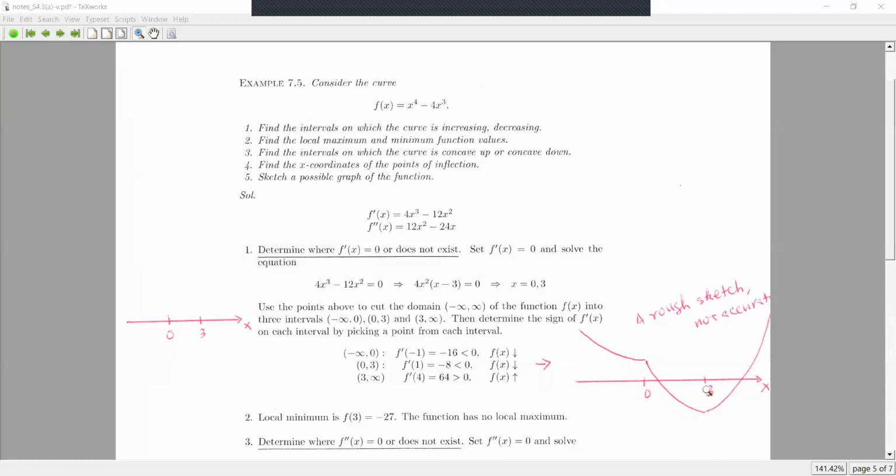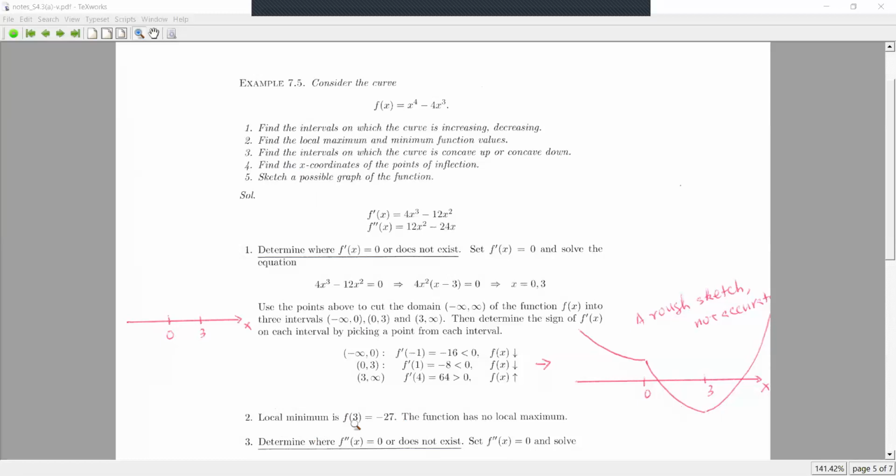At the point 3, I can see that the curve has a local minimum. So the answer to the second question is: the local minimum function value is negative 27, when x is 3. How to get the function value at 3?